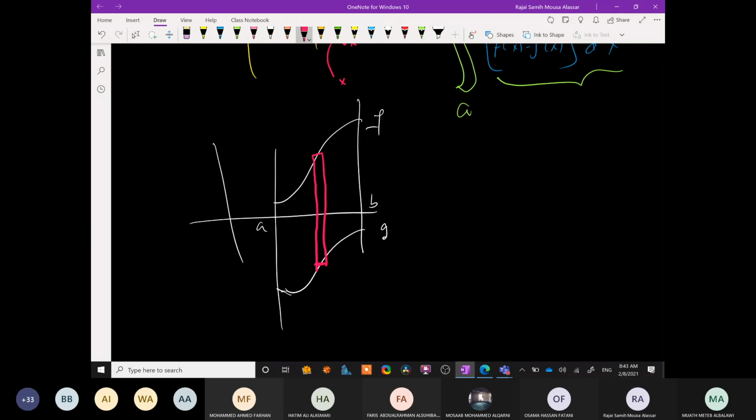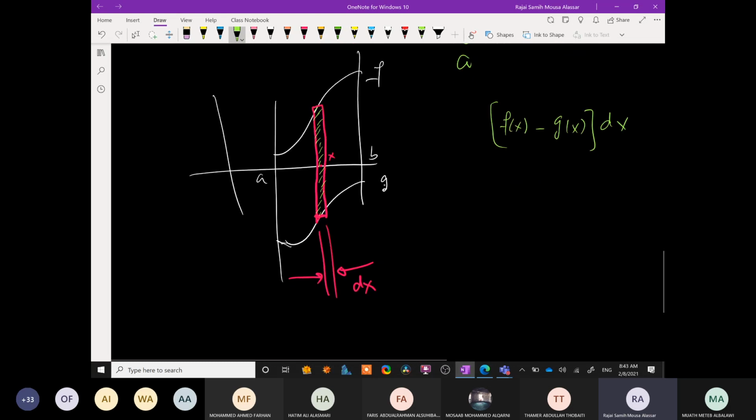And this is just x at any given x. What's the width of this rectangle? Delta x, exactly. All right. So I am interested in finding the area of this rectangle. So what's the area of this rectangle? Same as before. F of x, which is the top, minus the bottom function, all right, multiplied by dx.